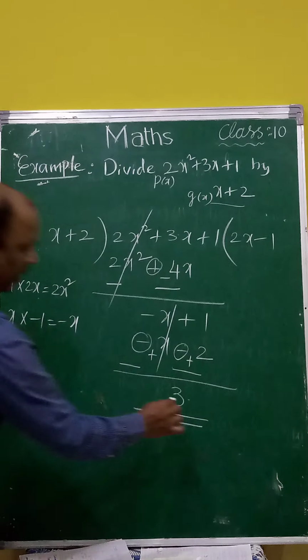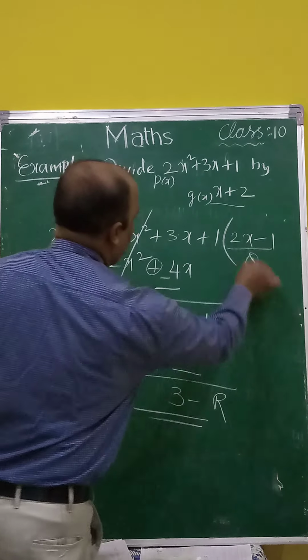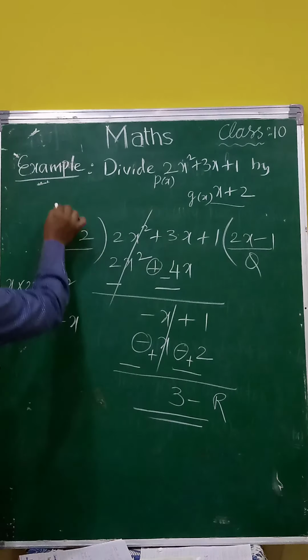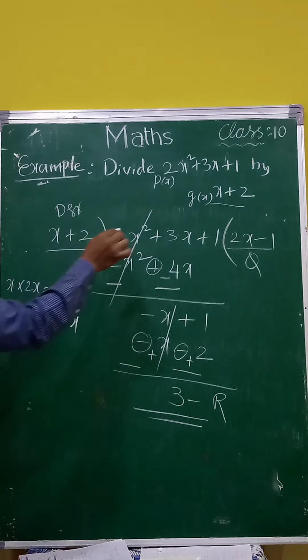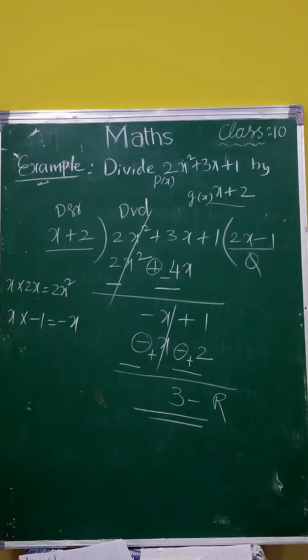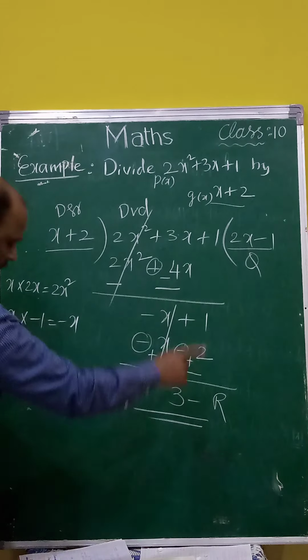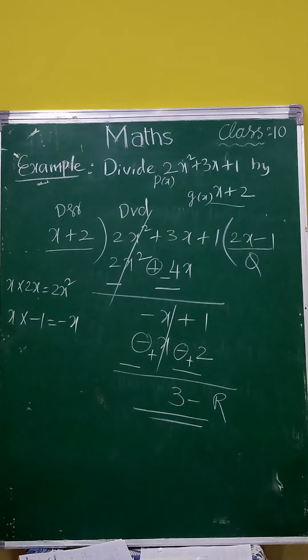3 is the remainder. This one is the quotient, this one is the divisor, and this is the dividend. Clearly, dividend is equal to divisor into quotient plus remainder.